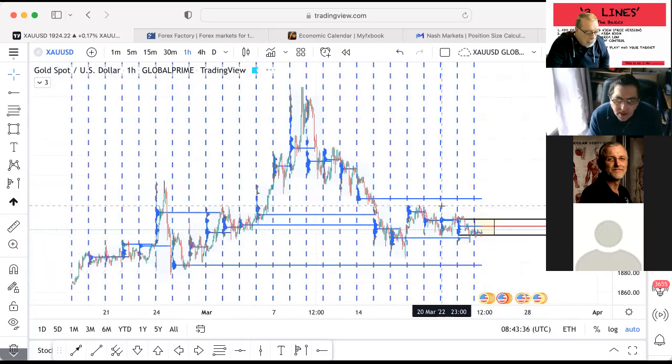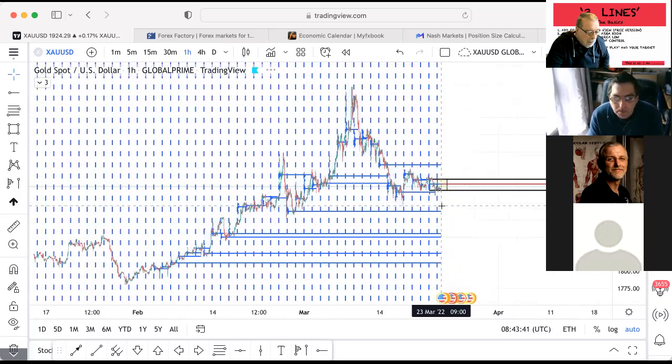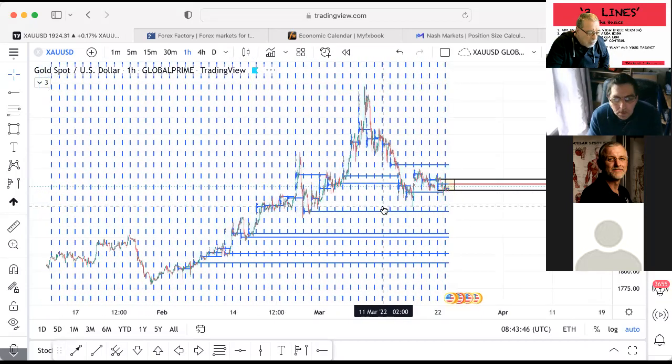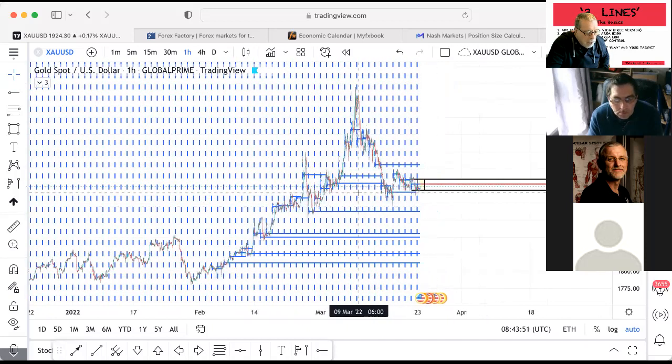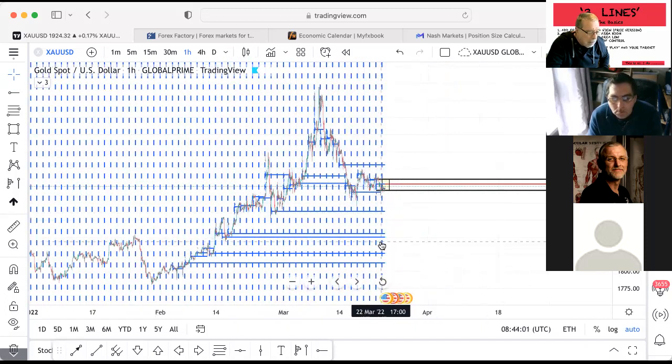As it has done, you'll see there are several. There's one there, a couple there, and a couple more there, but all the previous ones have been taken out. We need to bear that in mind, because if price decides to go up, there's a potential target. If price decides to come down, there's another potential target, and there are others waiting below as well.